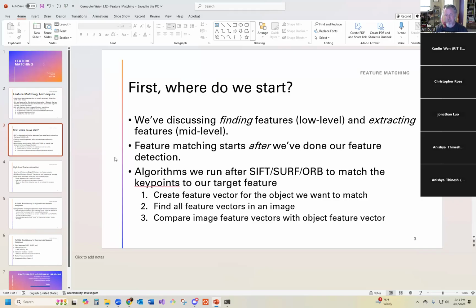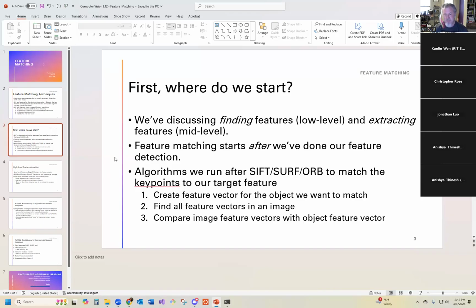Some people think you can run feature matching without first running a feature extraction algorithm. When we talk about these things going forward, just know that we have run some form of SIFT, SURF or a similar key point extraction algorithm before we start trying to match features.